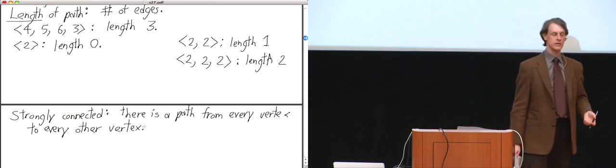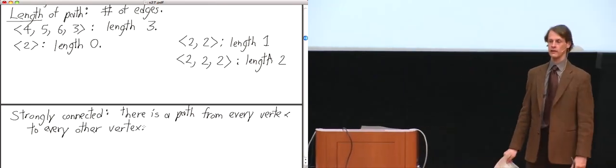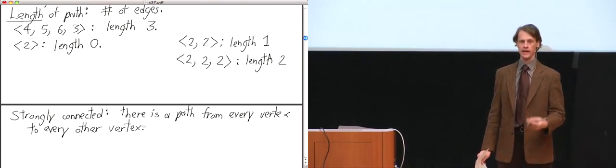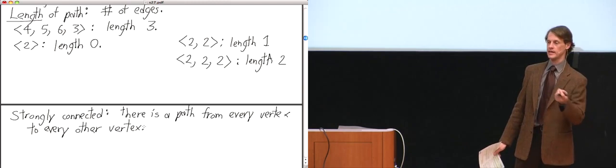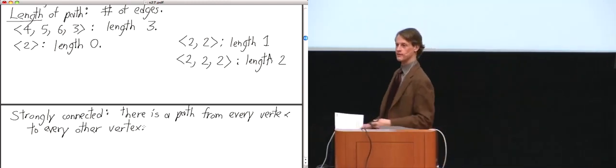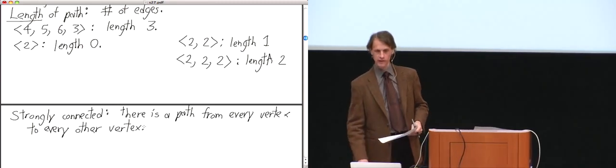For example, a street map will almost always be strongly connected. Even if there's one-way streets, there's almost always a way to get from any one point on the map to any other point on the map. And if you can't, then you're stranded for life in some region, which would be very strange.